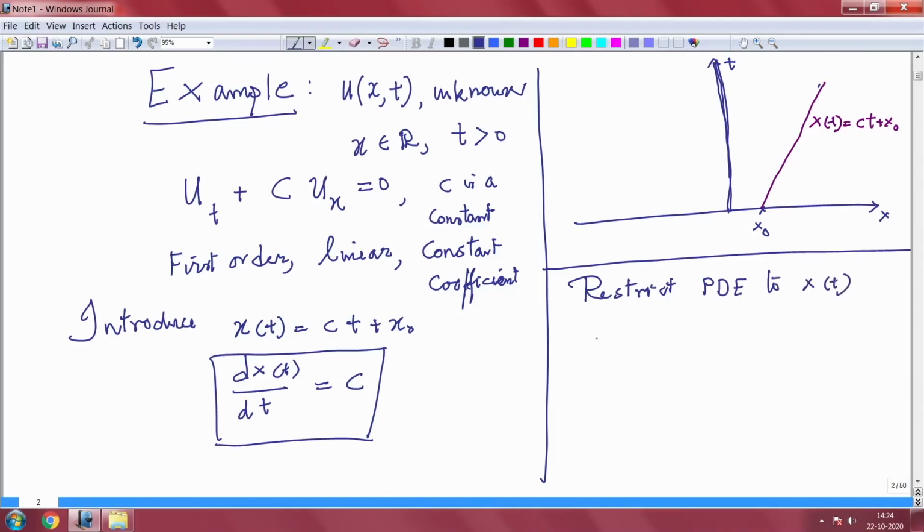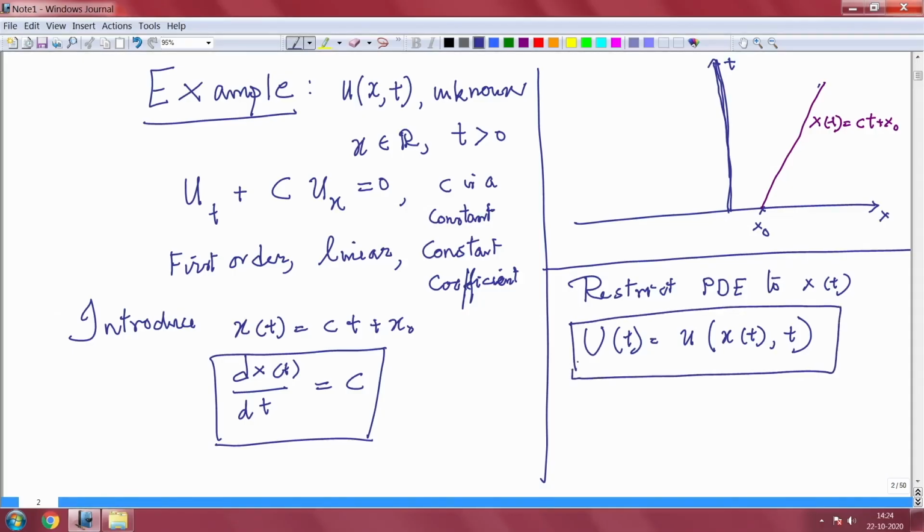That means I will introduce a function of t, u(t) equal to u(x(t), t). So I restricted to the line, and this is a one variable function. I have a function u defined on the line x(t). Once you fix x naught, it is a one parameter curve.